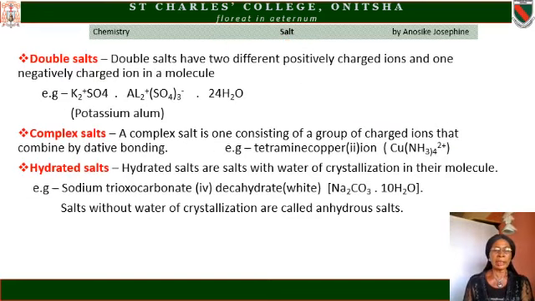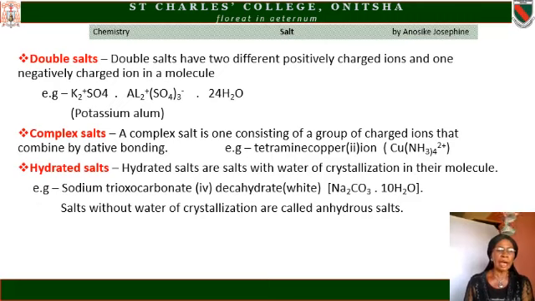The next class are the ones we call the double salts. Double salts have two positively charged ions and one negatively charged ion. But what you have to know about this particular salt is that the positive ions are different, while the negative ions are the same.